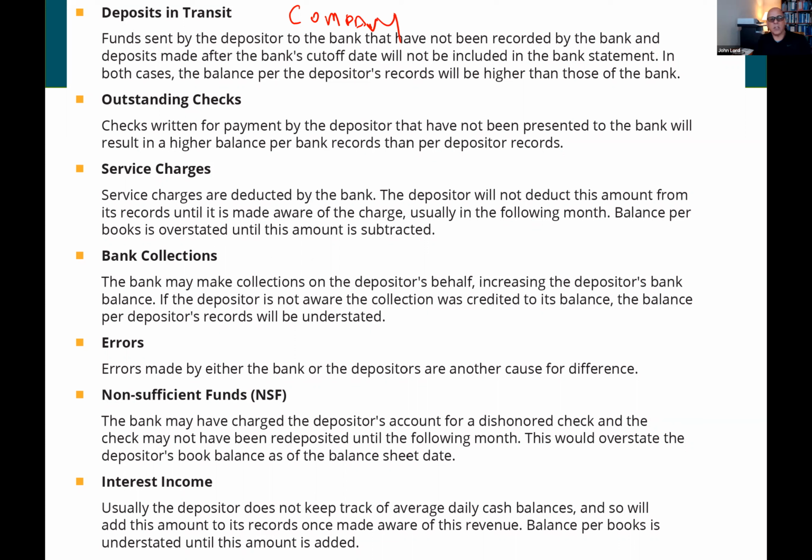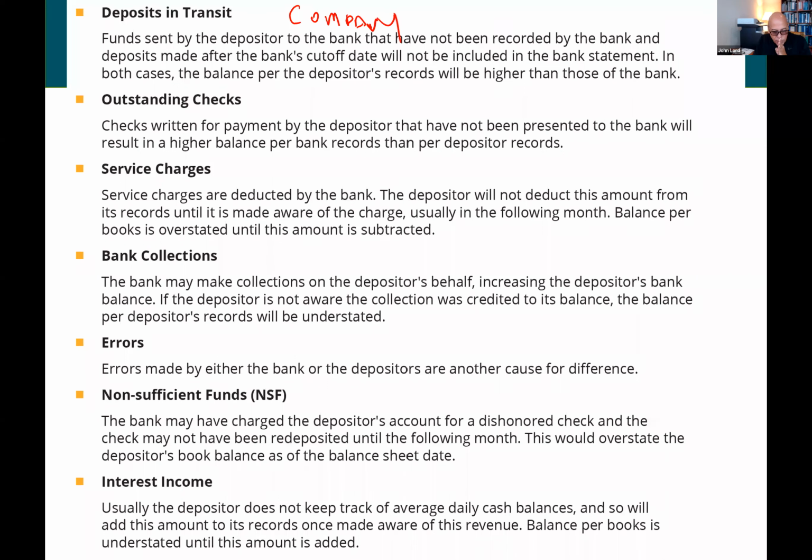Okay. Outstanding checks, what happens? I write a check on December 31st, but my vendor doesn't get around to depositing that check in their bank and their bank submitting it to my bank. None of that happens until, say, January 3rd of the next year.